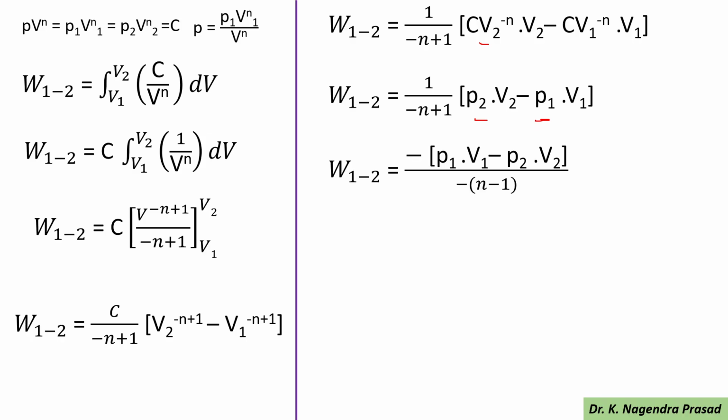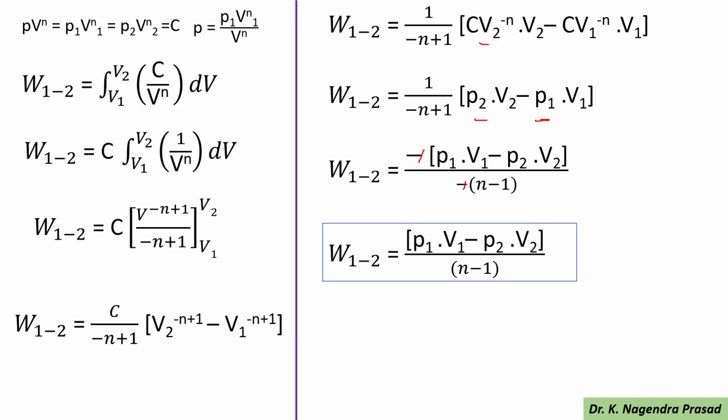Taking the minus, it becomes minus of (P1 V1 minus P2 V2) divided by minus of (n minus 1). Here the minus signs cancel, so W12 equals P1 V1 minus P2 V2 divided by n minus 1. This is the work done for the adiabatic process.